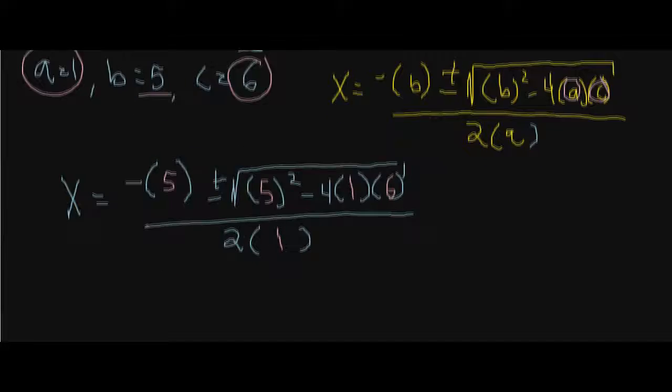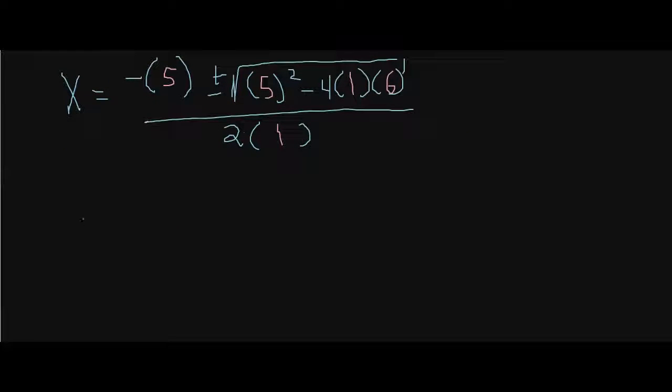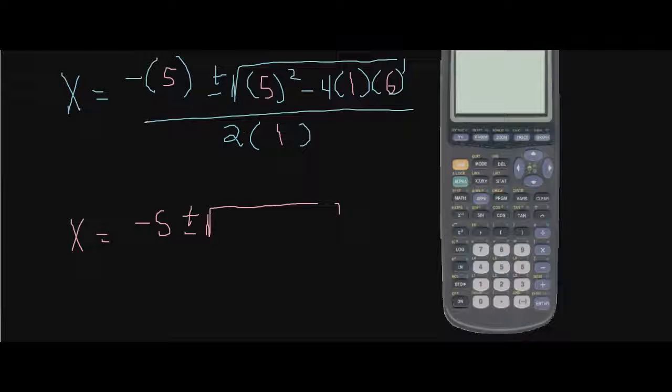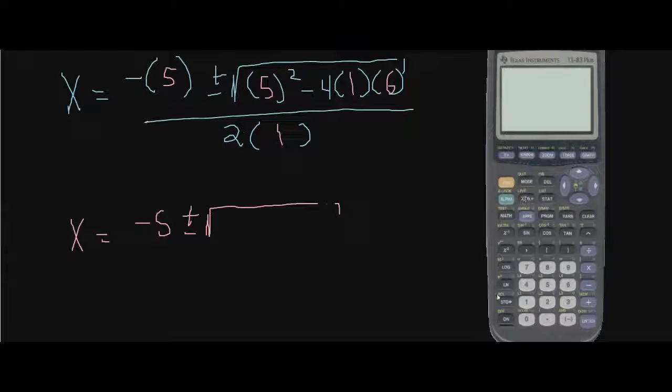So let's go ahead and simplify this a little bit. We're going to get x is equal to negative 5 plus or minus the square root. And this is where I'll just use the calculator, there's no need for me to make a potential mental mistake. So let's go parentheses 5 squared minus 4 times 1 times 6 parenthesis.